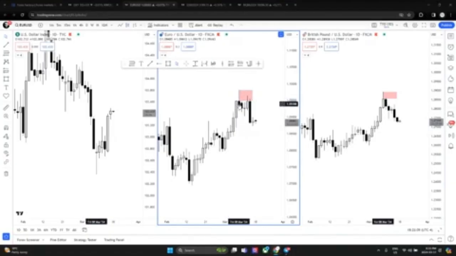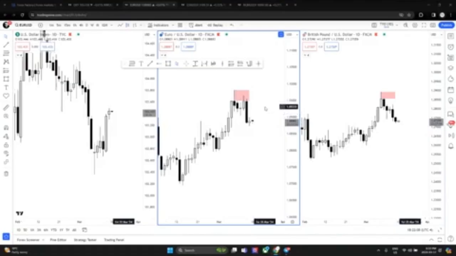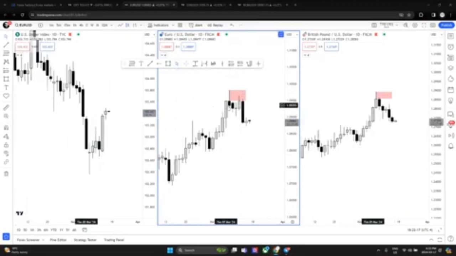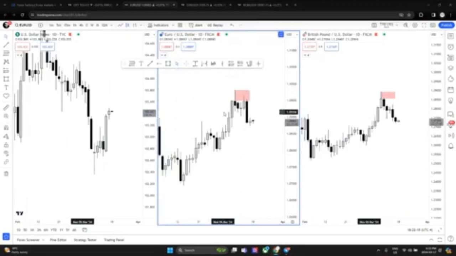SMT. This is another form of correlation, which is even more advanced than sequential SMT, the one that occurs between highs and lows. We have different types of sequential SMT, just as we have different types of SMT.